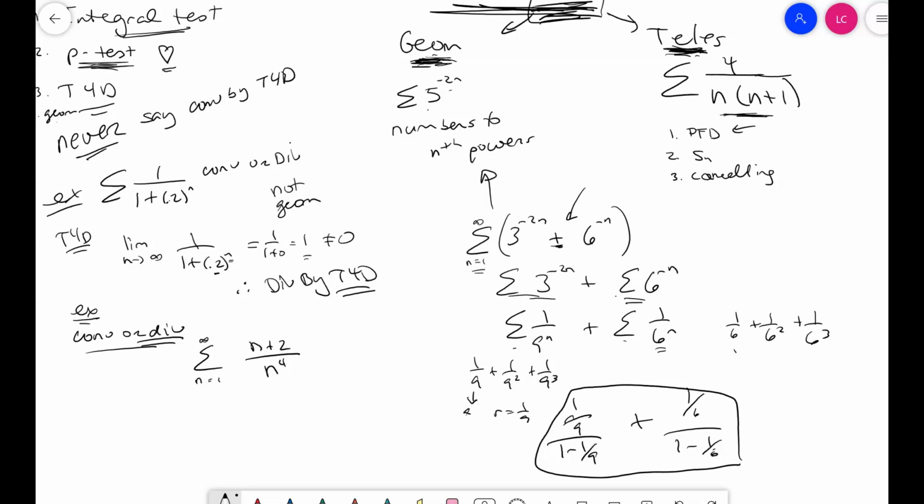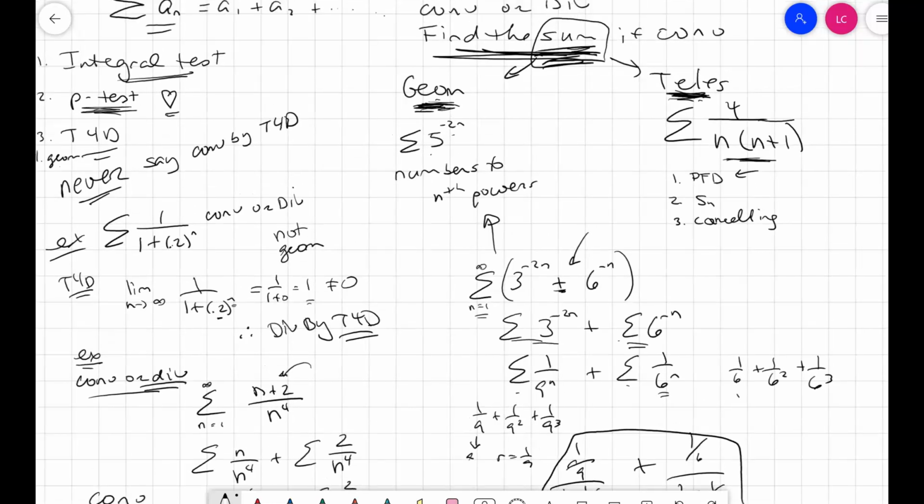Oh, p-test, the test we love the most. Because there's addition here, we do need to split this up as well. So you need to be able to identify. So this would be 1 over n cubed. And this would be 2 over n to the 4th. So they both converge by p-test, right? As long as that p is bigger than 1, and both of them are. So converge plus converge means converge by p-test.